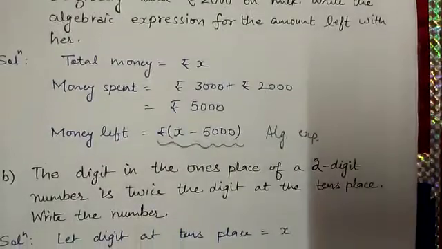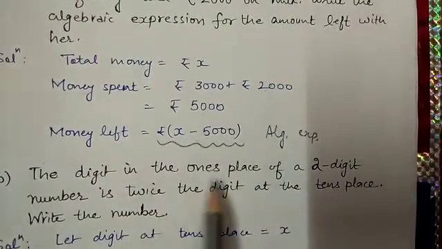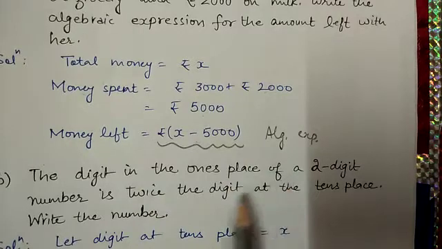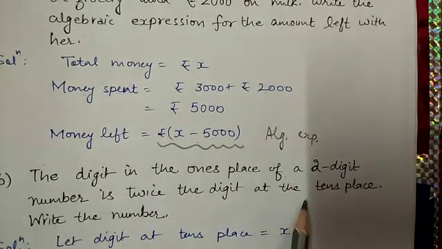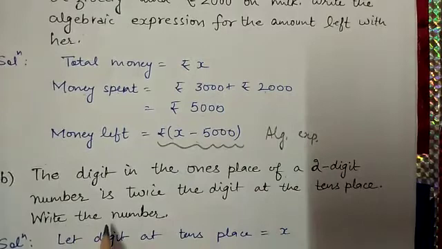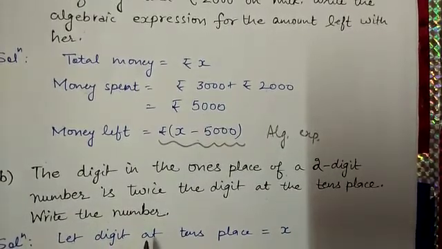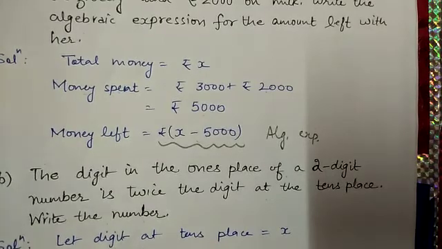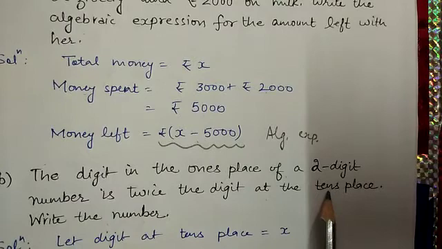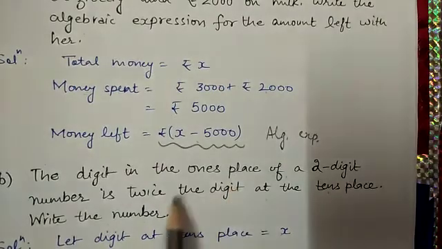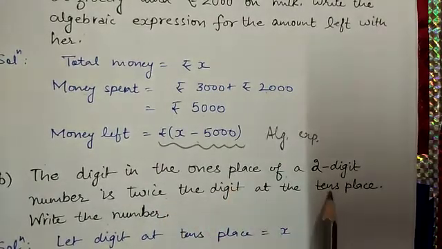Next question. Digit in the ones place of a two-digit number is twice the digit at the tens place. We are to write that number. Two-digit number, it means it has ones and tens place, and the digit at tens place we will suppose X, and we are told that ones place is twice the tens place digit.